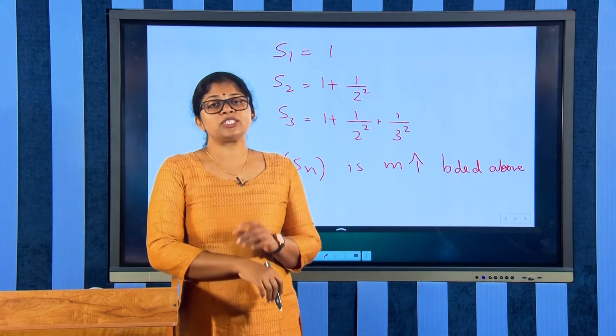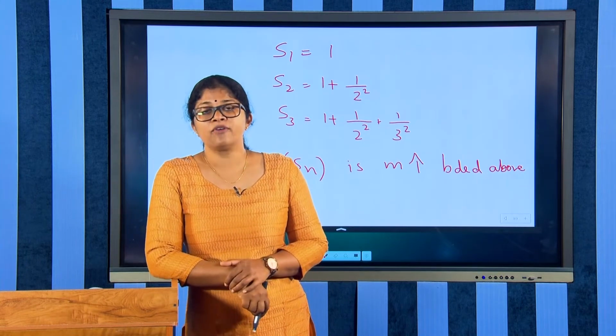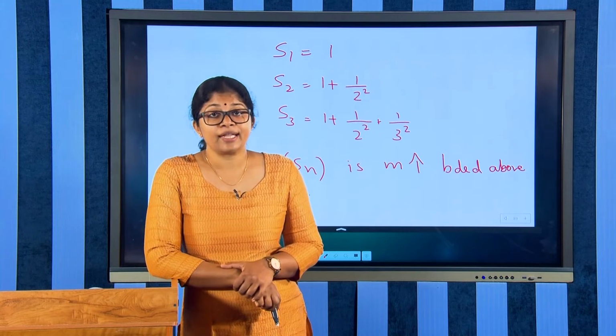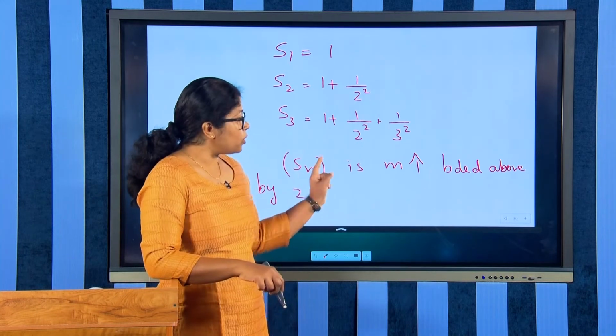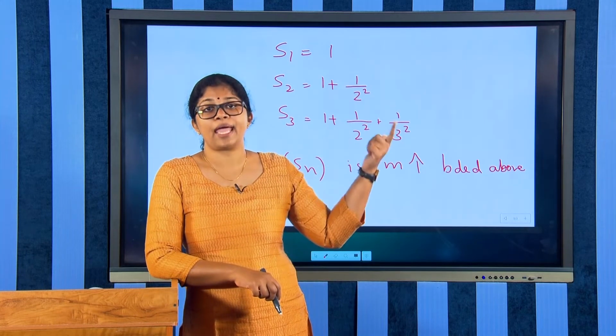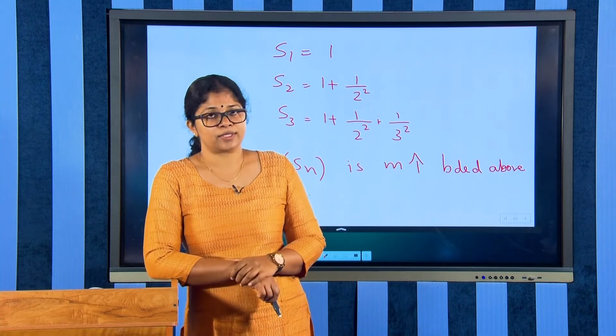In the previous session, when we discussed sequences, we discussed a theorem called the monotone convergence theorem, where we said that a monotone increasing sequence converges if it is bounded above, and it converges to the supremum of that sequence.